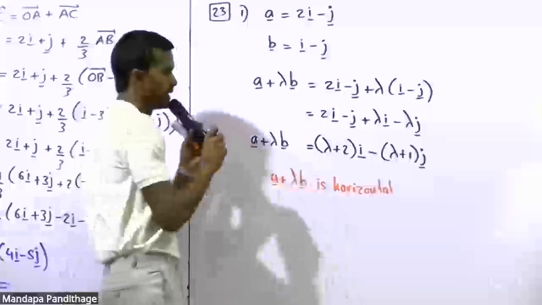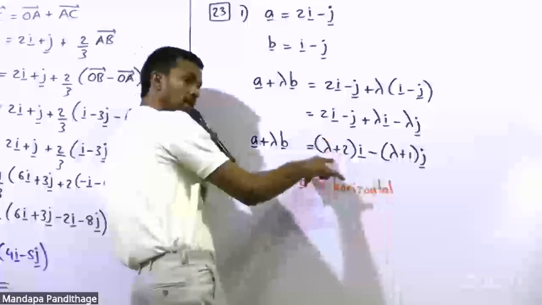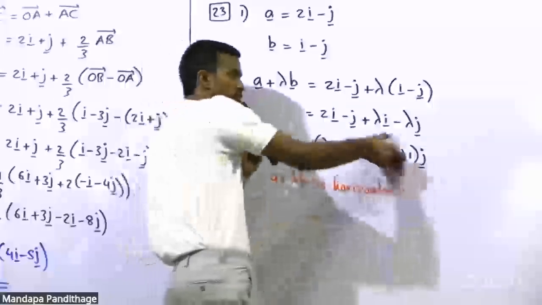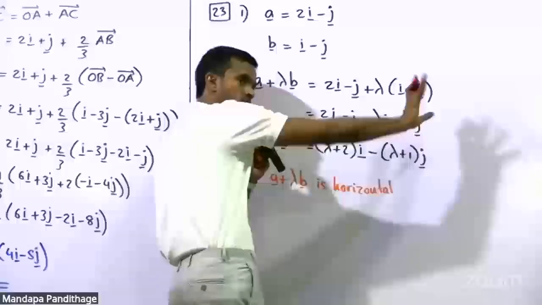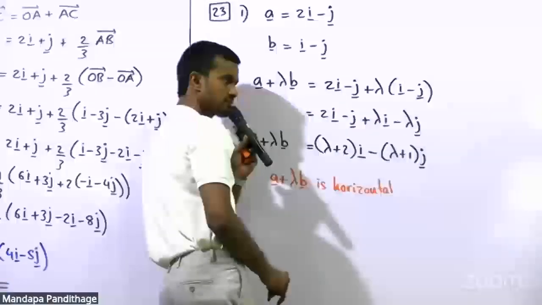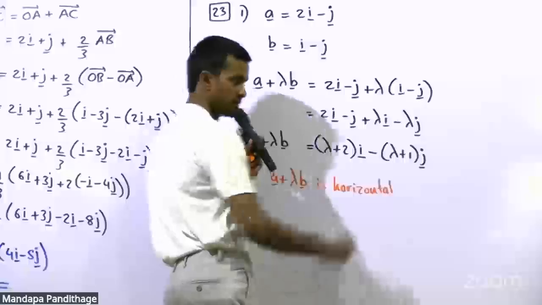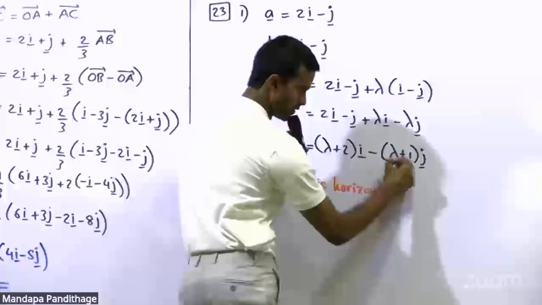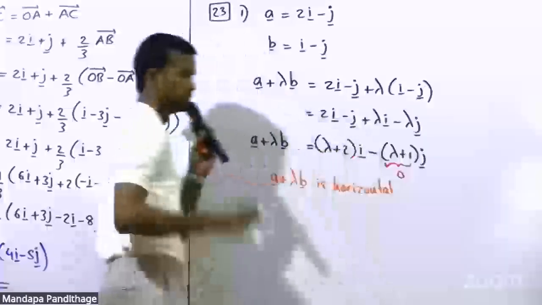Which means this is a horizontal vector, so it can be written only using i, which means I don't want this part. There's no j component here, which means the coefficient of j should be equal to 0.